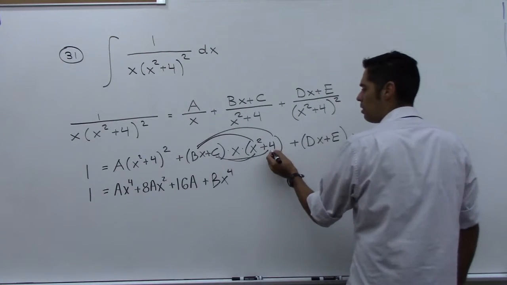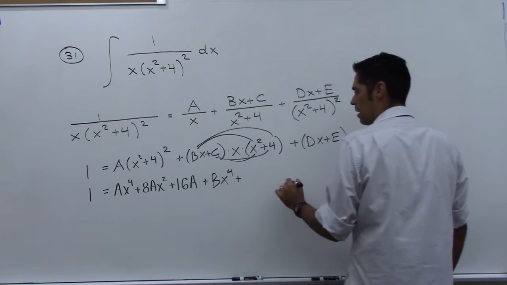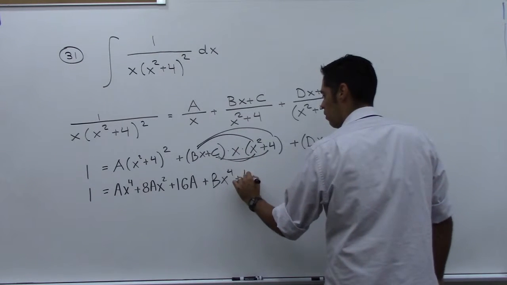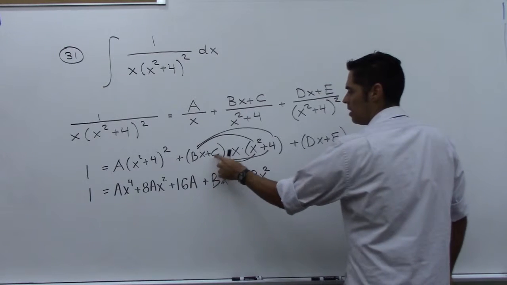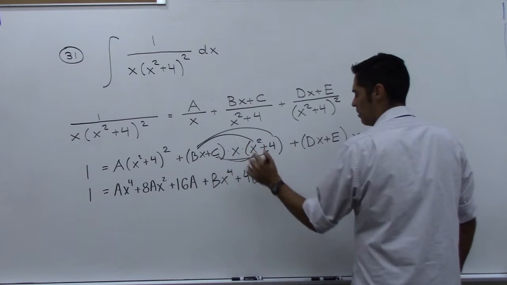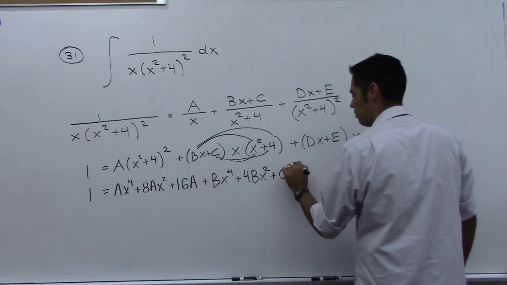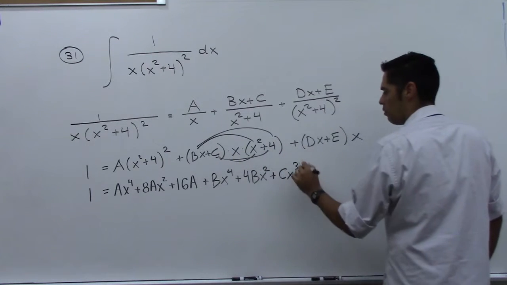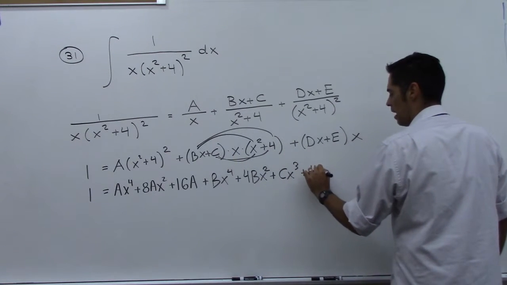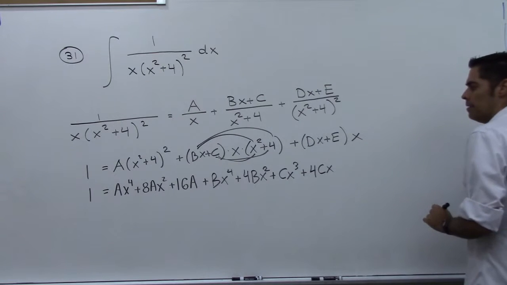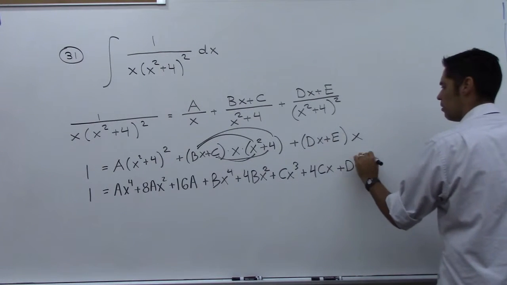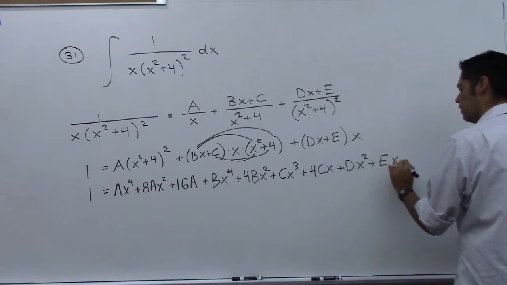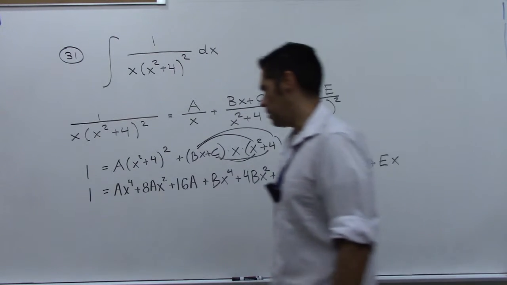Bx times 4 is going to be 4bx, but then I have another x, so 4bx squared. And then c times x squared is cx squared, but then times another x is cx cubed. Then c times 4 is 4c, but then times x. All right, and now just an x through here. Dx squared plus ex. What a mess.